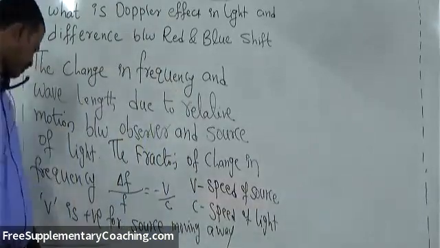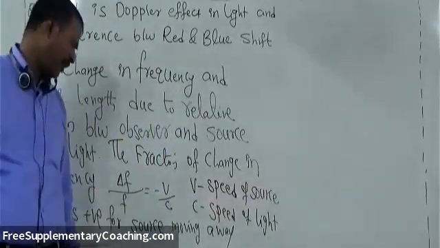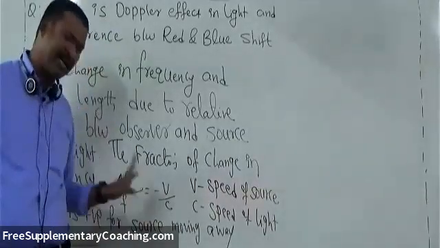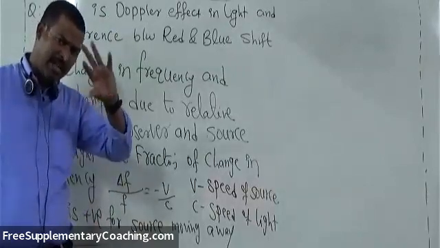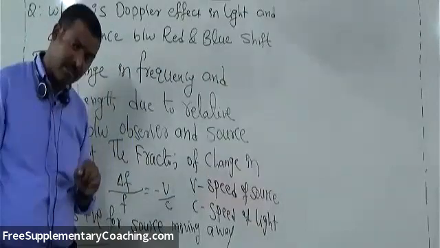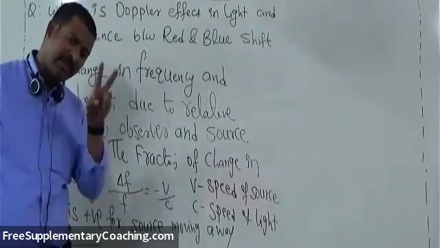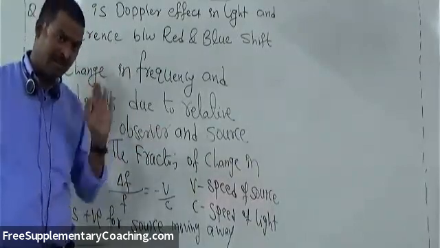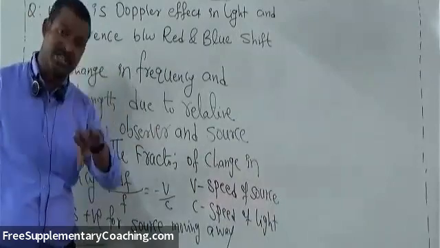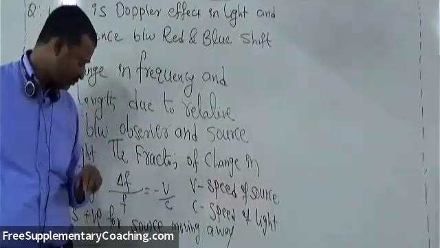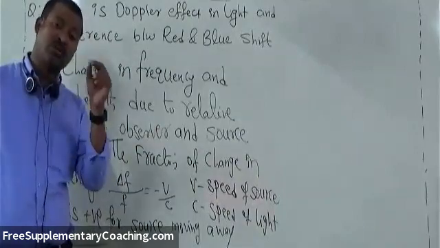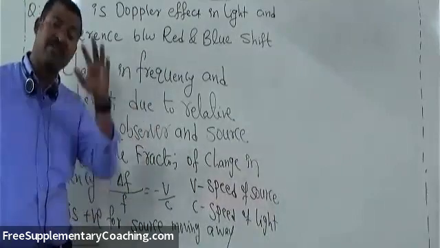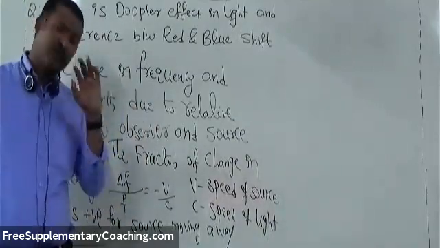Now look here. V is positive for source moving away, so delta f is negative. That is, final frequency minus initial frequency is negative, which means final frequency is smaller than the initial one. That means when the source of light is moving away, frequency decreases.